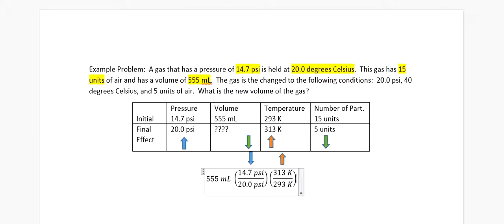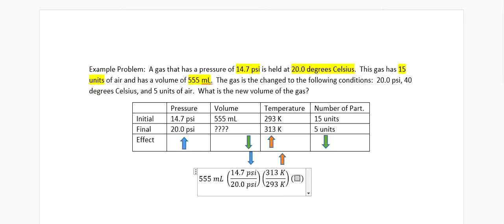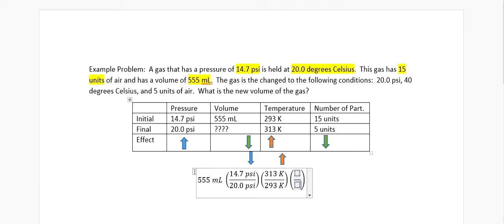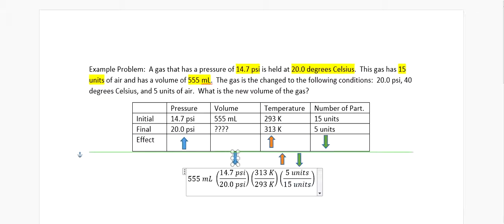And then I'm going to account for the number of particle change. And the way I'll do that is, because the number of particles decrease, I'm going to predict a decrease here. So put that over there. And so then I'd want to take 5 units over 15 units.